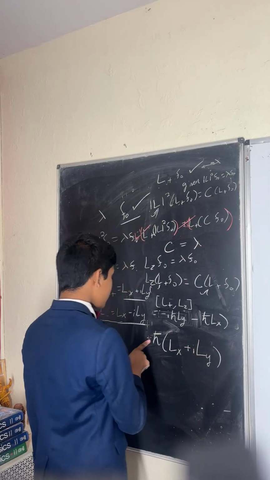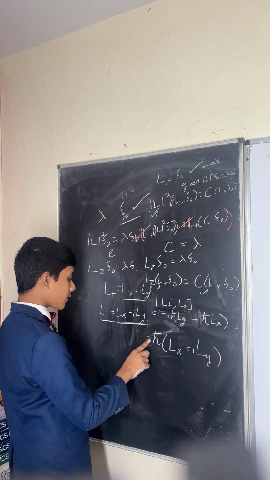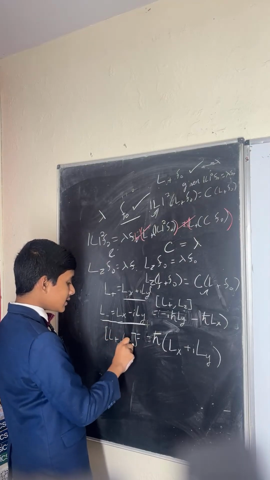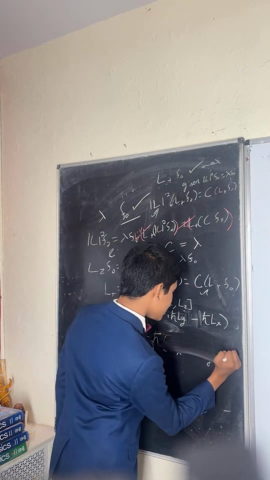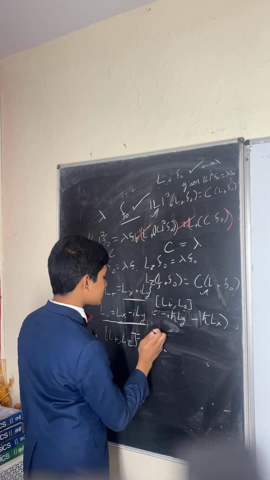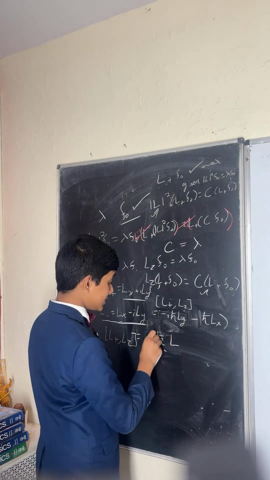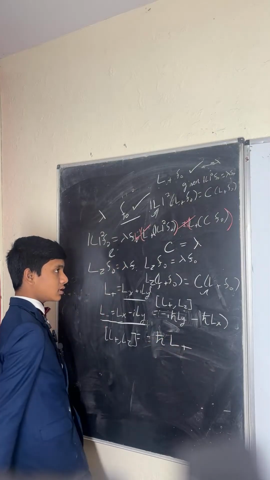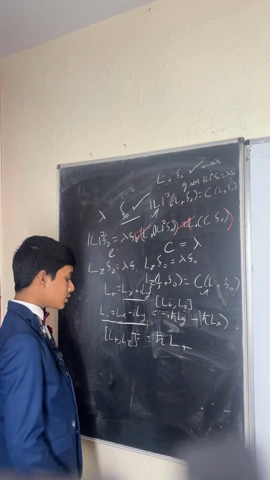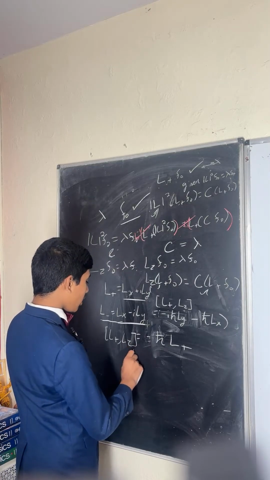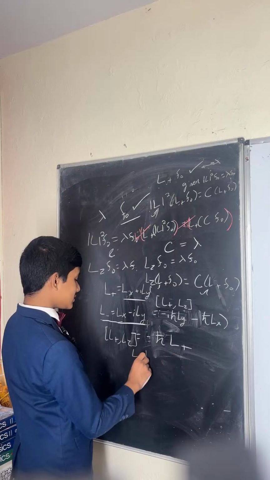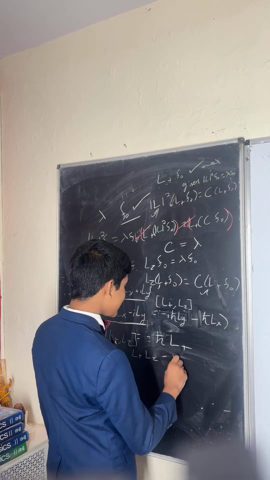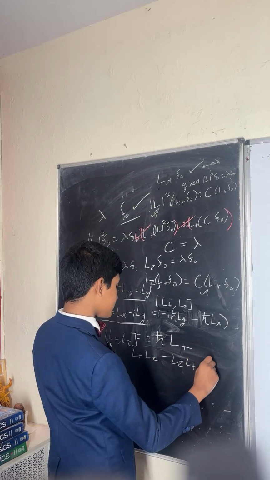In fact, the commutator of L plus and LZ is just minus h bar L plus. So, what can we do with this info? Well, recall that the commutator of L plus and LZ is just L plus LZ minus LZ L plus.